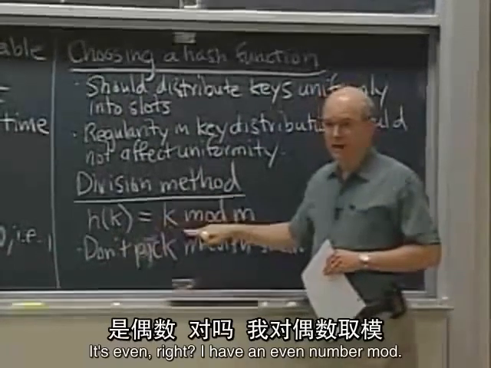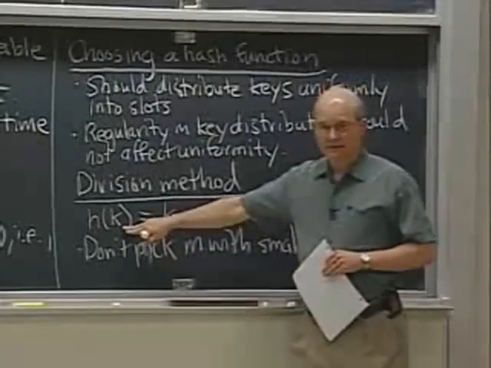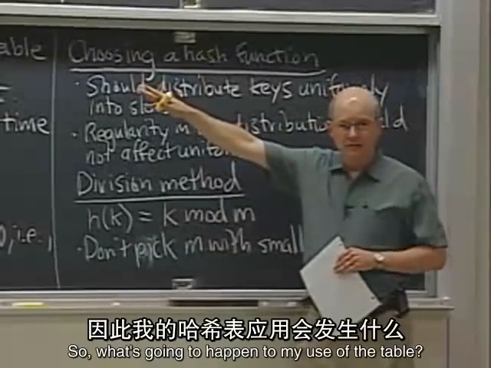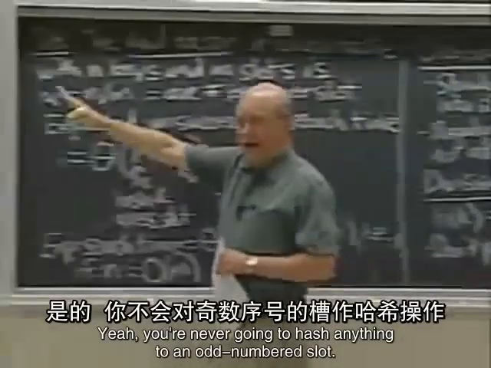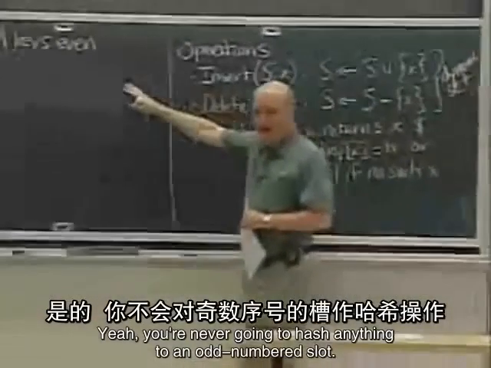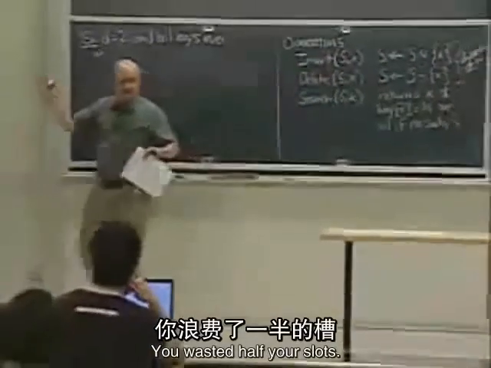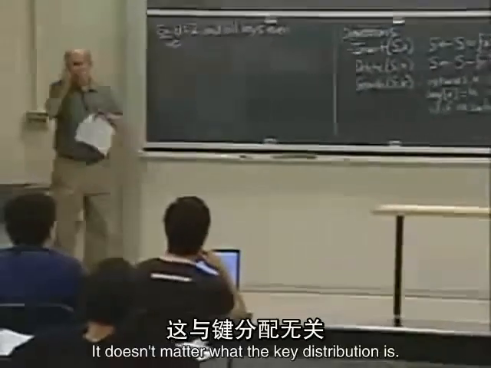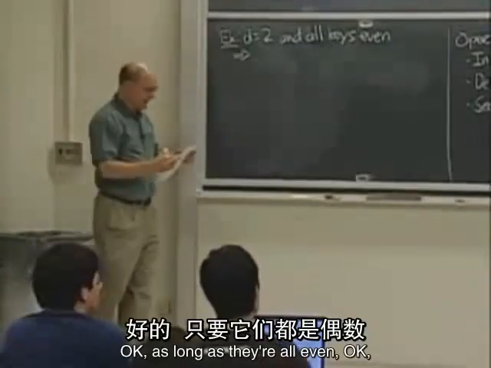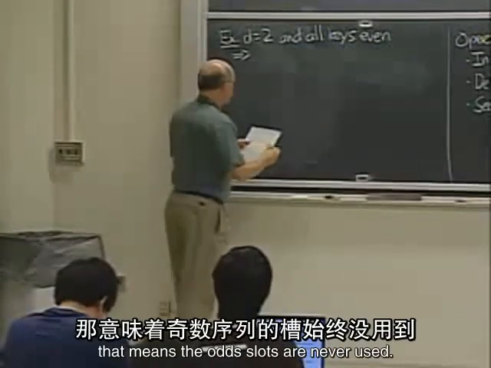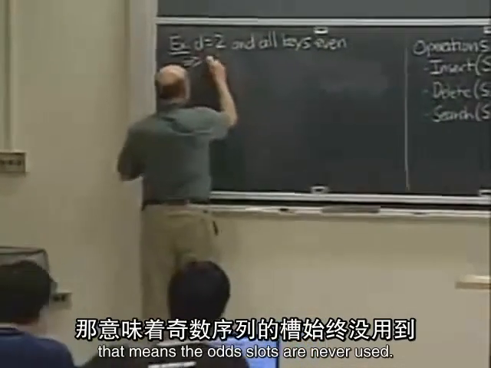If I have an even number mod an even number, it's even. So what's going to happen to my use of the table? Yeah, you're never going to hash anything to an odd-numbered slot. You've wasted half your slots. Doesn't matter what the key distribution is, as long as they're all even, that means the odd slots are never used.